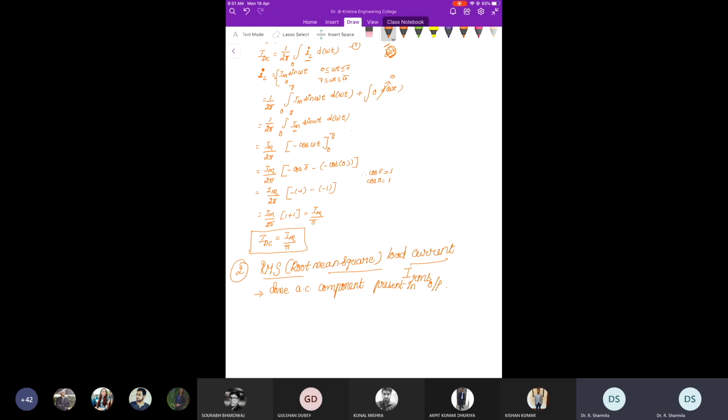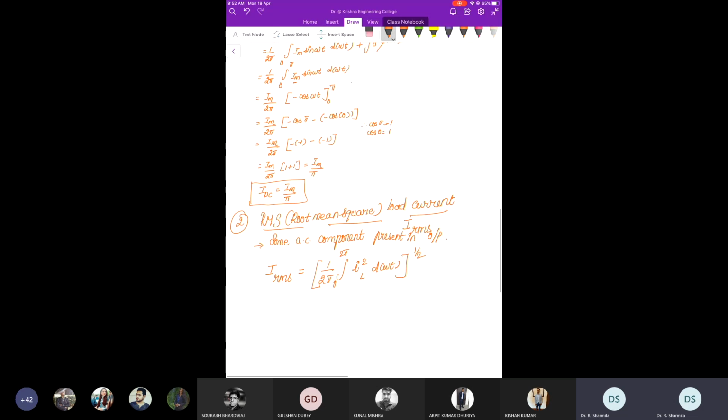Here I am not going to give all the derivations. Directly I will write the RMS formula. The RMS current is found using this formula: 1 by 2 pi integral of 0 to 2 pi of I square L d omega t, whole power 1 by 2. Just remember the formula.